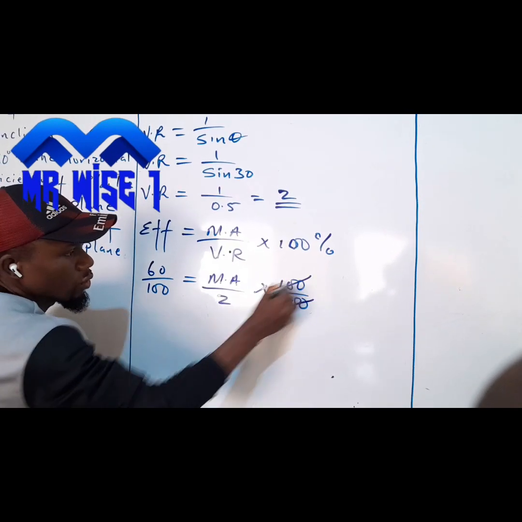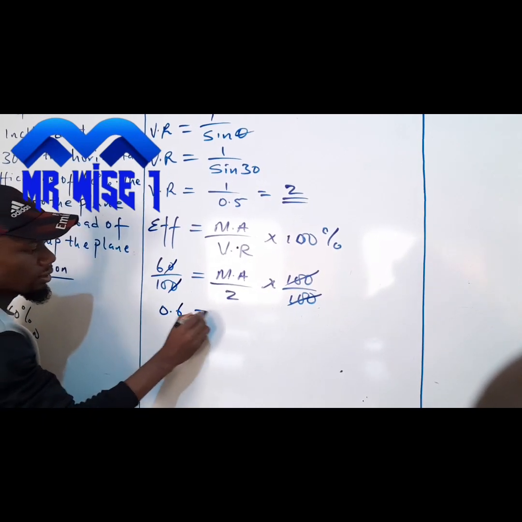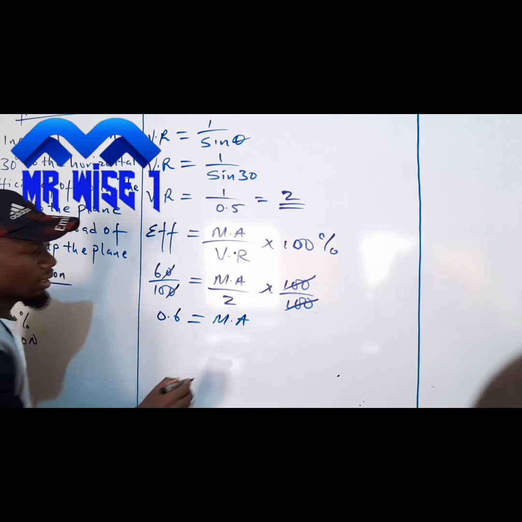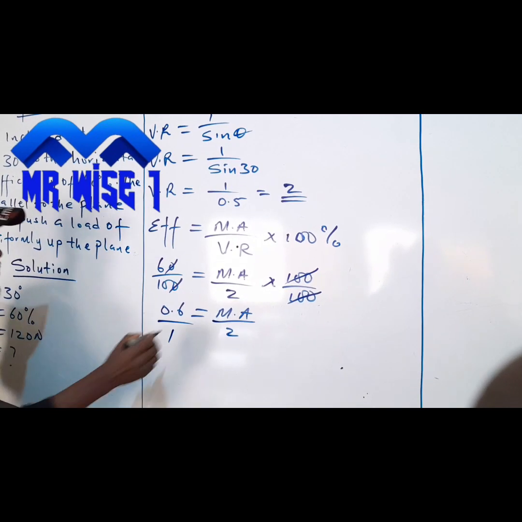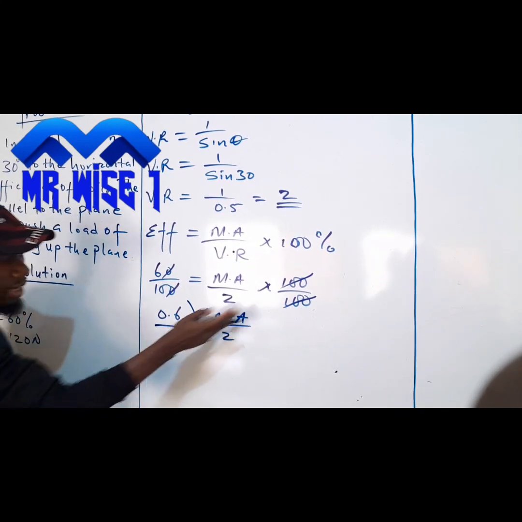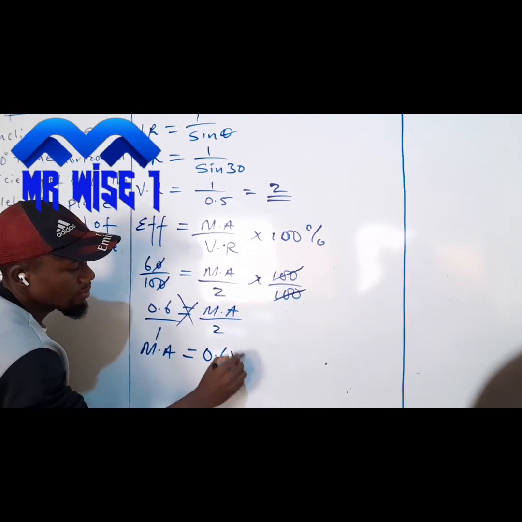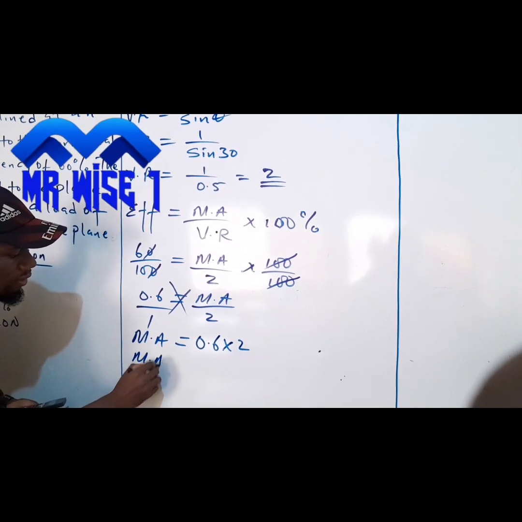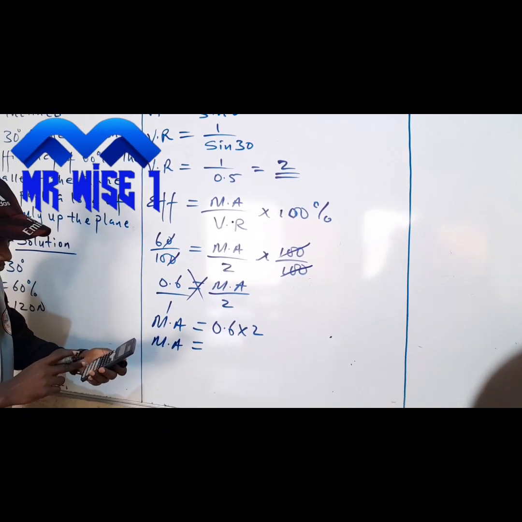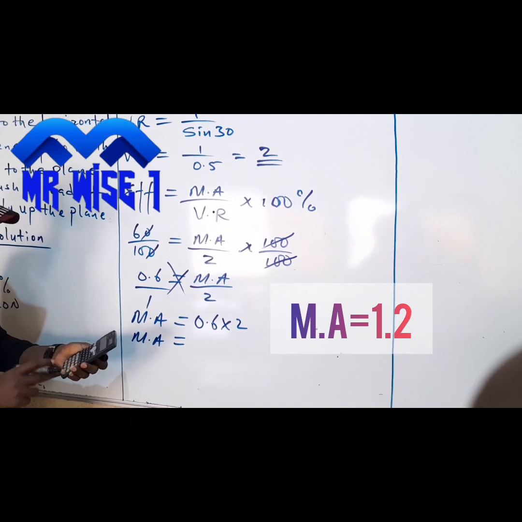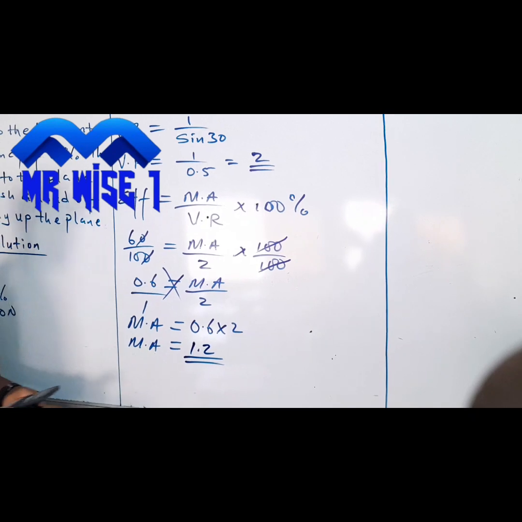So this will cancel, this will cancel. 6 divided by 10, I have 0.6 is equal to MA, mechanical advantage, over 2. So the next thing I need to do is cross multiply this times this. My mechanical advantage is equal to 0.6 times 2. I have 1.2. And this is my mechanical advantage, which I have solved.